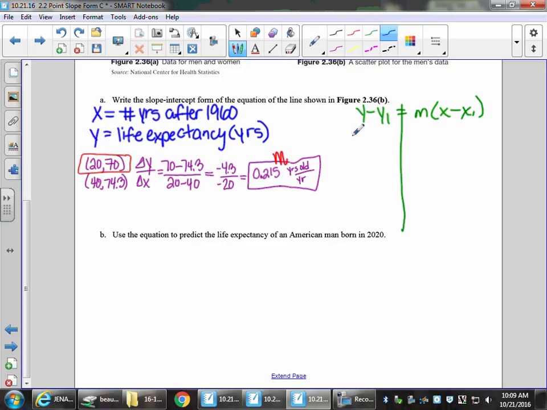y minus 70 equals 0.215 times x minus 20. Can we solve for y? Solve for y.